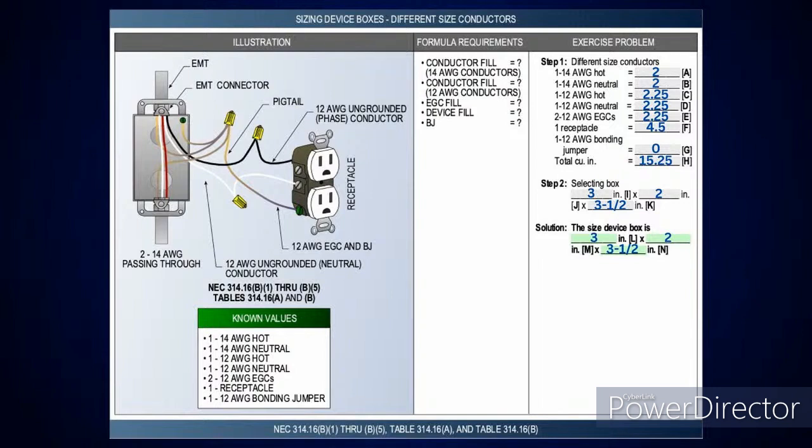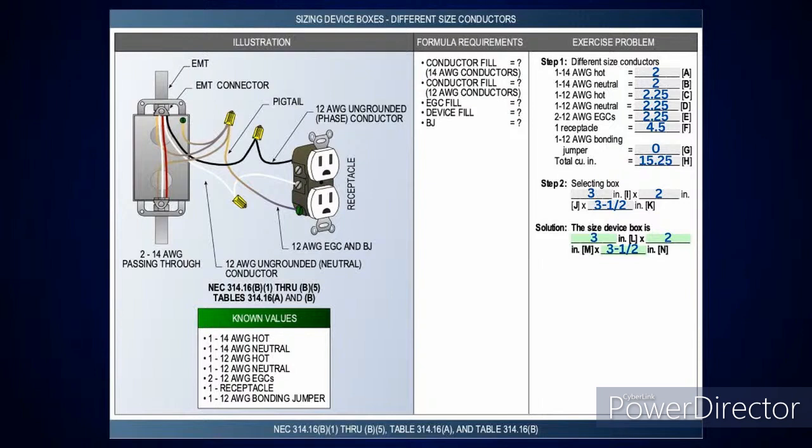So when I take the two conductors for that device, I'm going to base it off the cubic inch of what's connected to it. So we'd base it on the number 12s, not the number 14s.